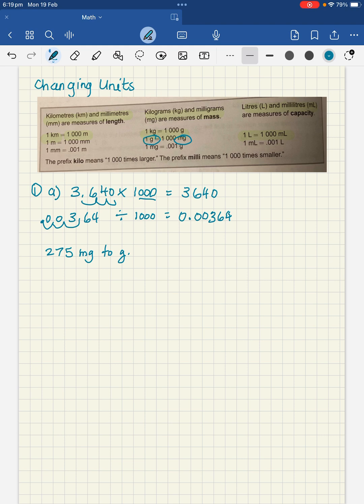So the new units are 1,000 times bigger. Right? Grams are 1,000 times bigger. But you need 1,000 times fewer units.